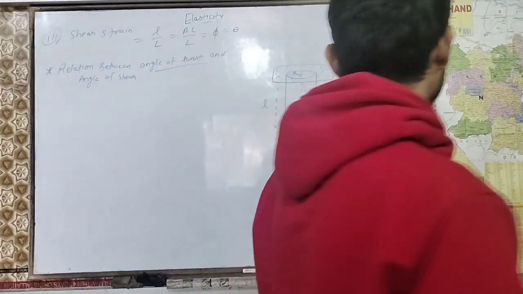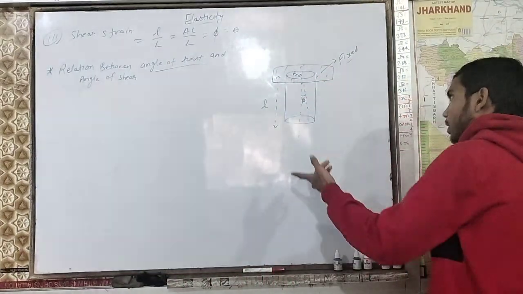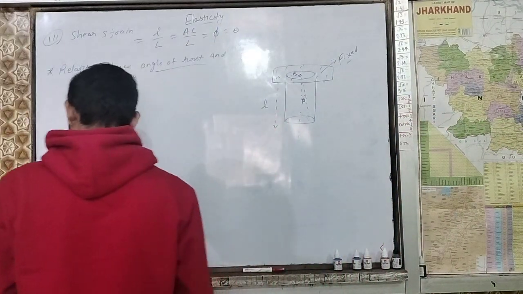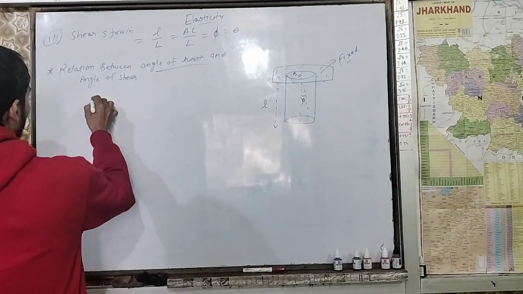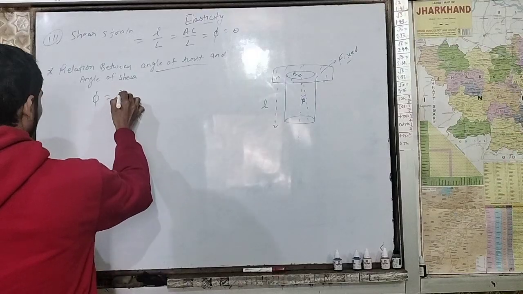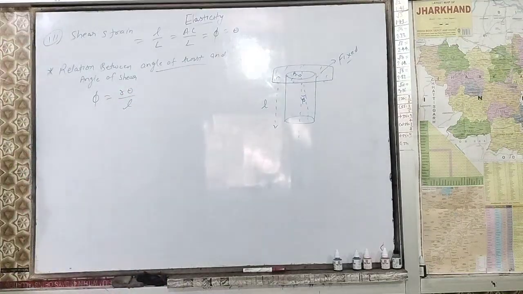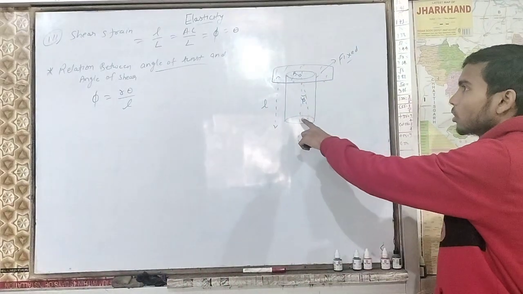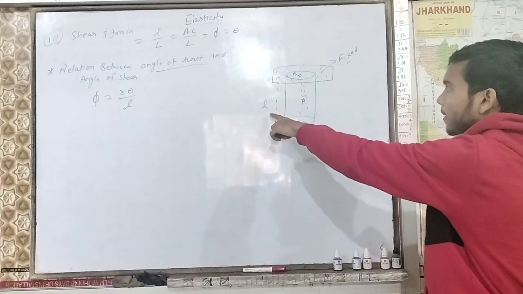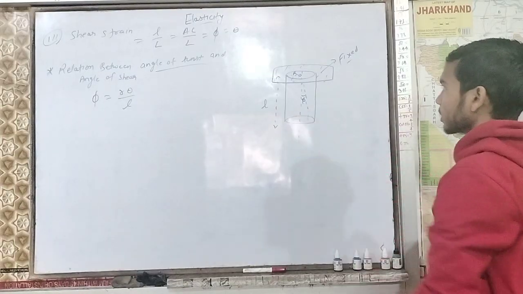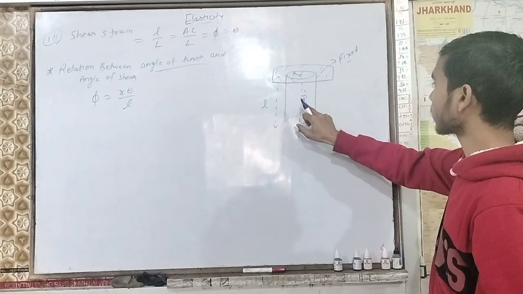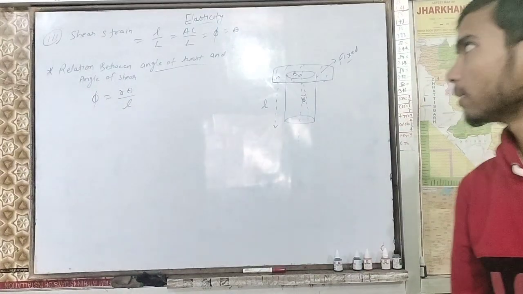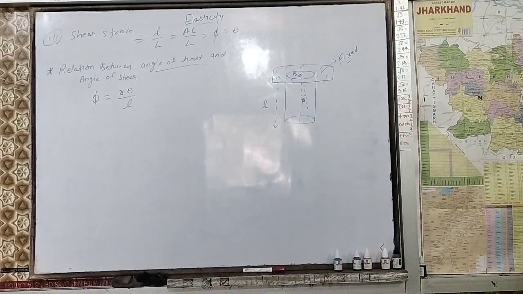Radius is compulsory because it is rotating with the radius. So the formula will be phi equal to r theta upon a. Here r is the radius, r multiplied by theta upon a. This is the formula for the relation between angle of twist and angle of shear.